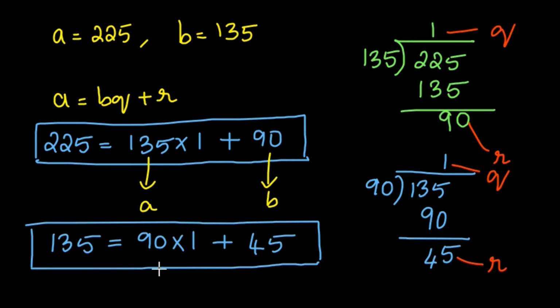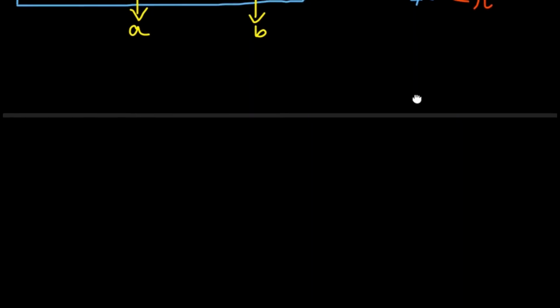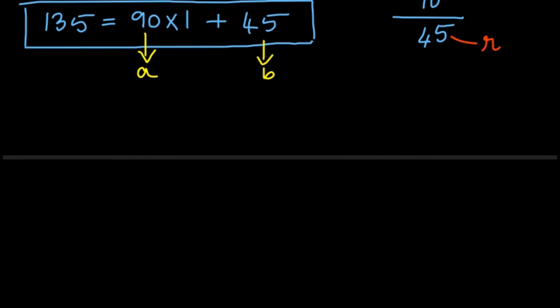Next step, this will be our A, this will be our B. That is 90 divided by 45. Now 45 twos will give you 90 and the remainder is 0.